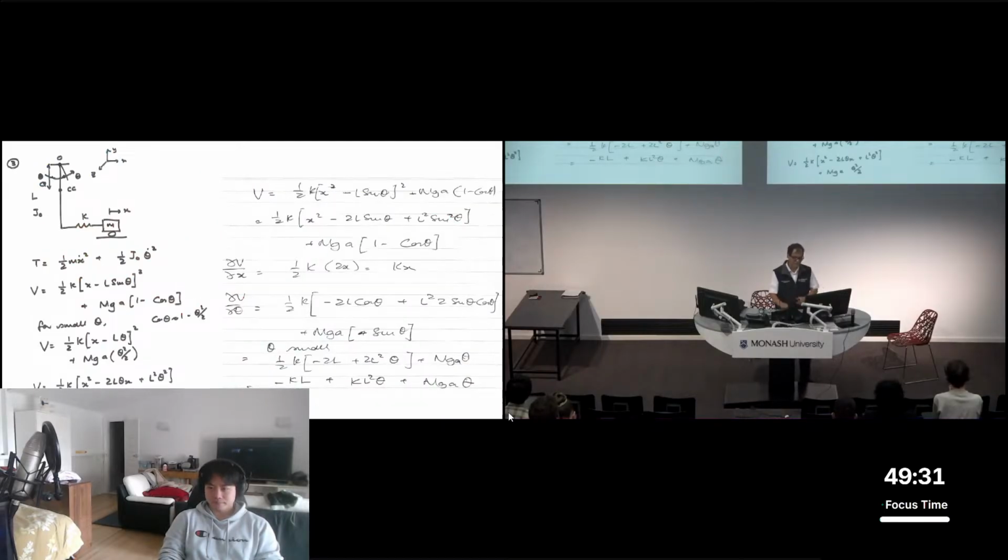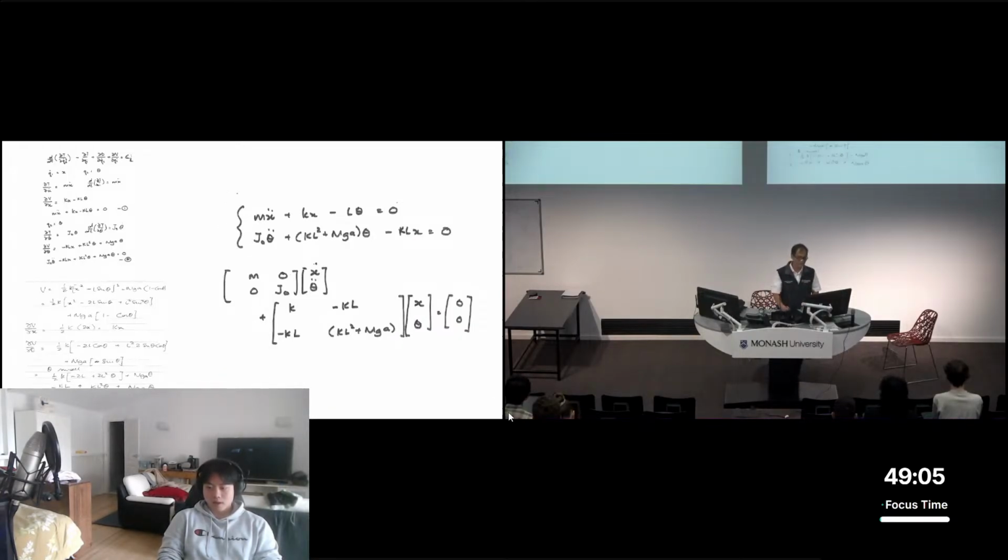Now, I have done this using a different method over here. I have done the small angle approximation, and over here, I didn't do the small angle approximation, but you end up with the same answer. This is just for your information.